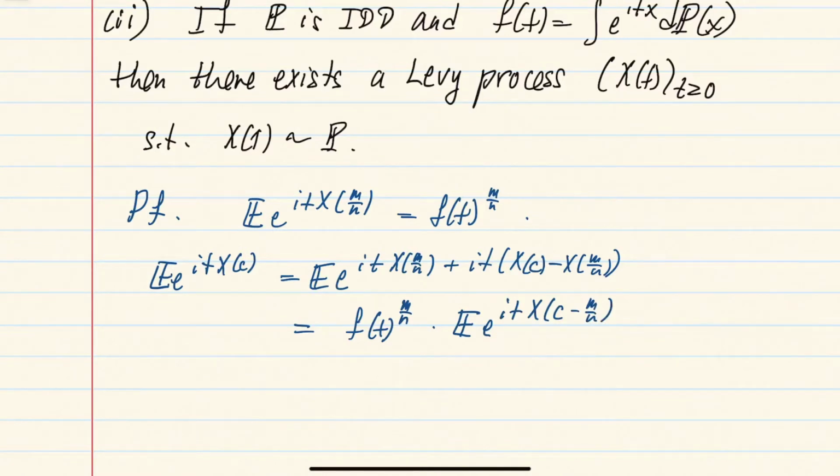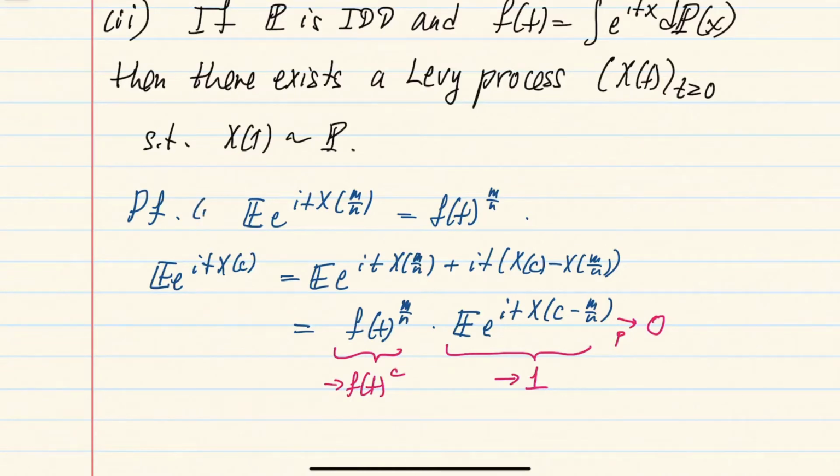And since the Levy process is continuous in probability, this random variable X will converge to 0 in probability, since X at time 0 is 0. So the second factor will converge to 1, and the first factor will converge to f of t to the c, and so we get the same formula for general c.